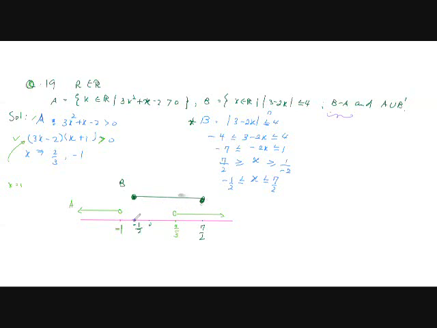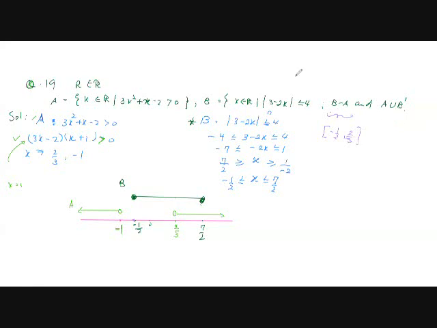So you left this point and this one. And because this is closed, this is open, the answer has to be closed here. So B minus A is going to be closed at -1/2 and this point 2/3. Okay, so this is the answer for B minus A.